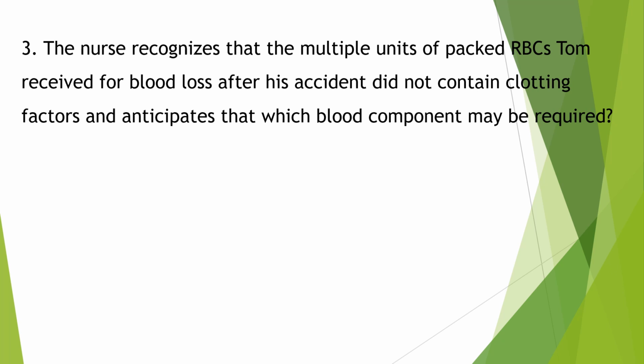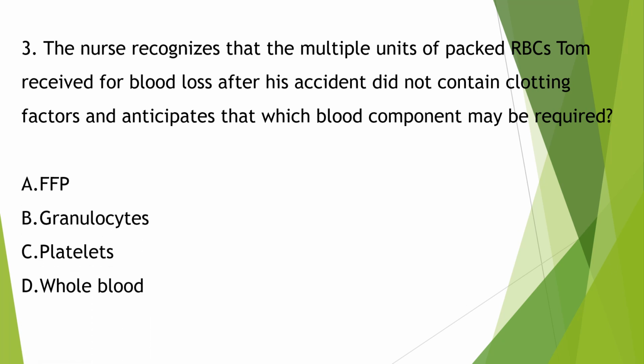So when we are administering what product, the patient will get clotting factors also. Fresh frozen plasma, granulocytes, platelets and whole blood. So fresh frozen plasma contains clotting factors that are not replaced when the patient receives only packed RBCs. So the answer is fresh frozen plasma.